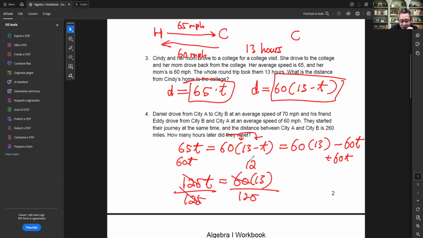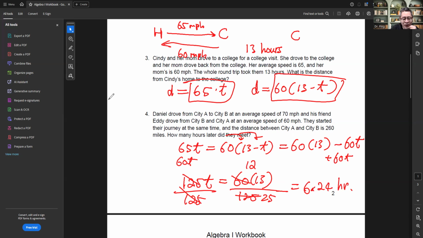So we got 12 on the top, and 25 on the bottom. So basically we're simplifying it to make our calculating a little bit simpler. And then we divide by 25. So we got 6.24 hours.